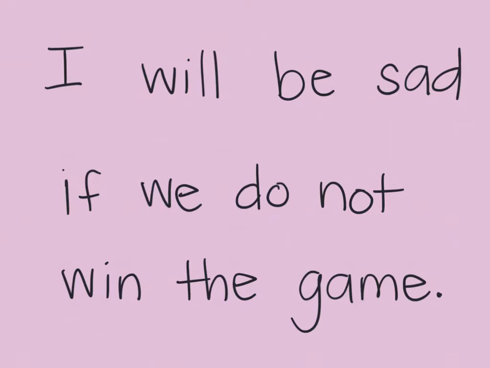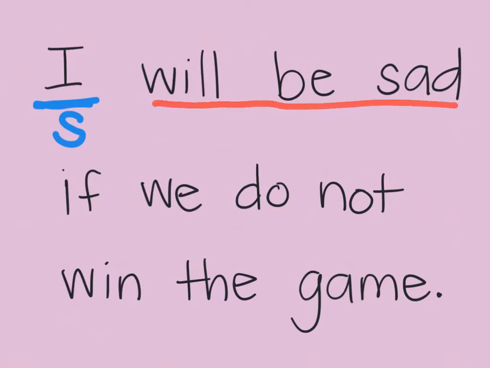So the sentence says, I will be sad if we do not win the game. Okay, so who is the subject? Who is this sentence about? I. That is your subject. And what is happening in the sentence?